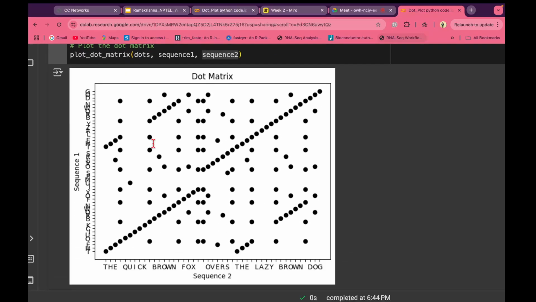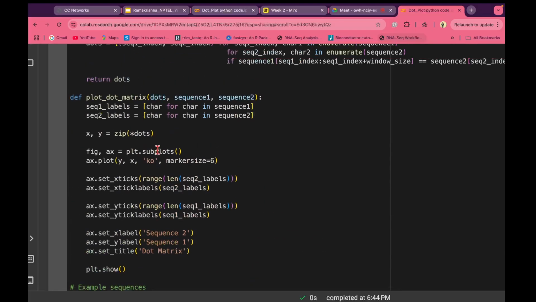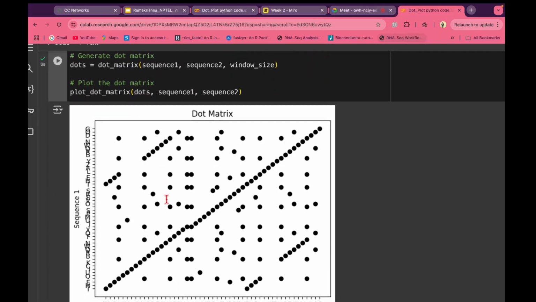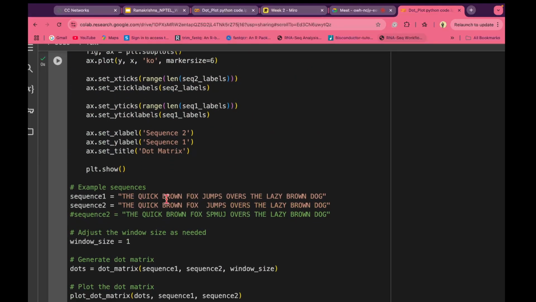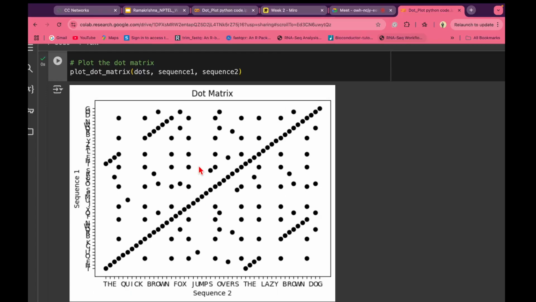Yeah, so here I have one question. Along with this, okay, just change the sequence. Along with the main diagonal region, we have two other small diagonals that are parallel to our main diagonal.